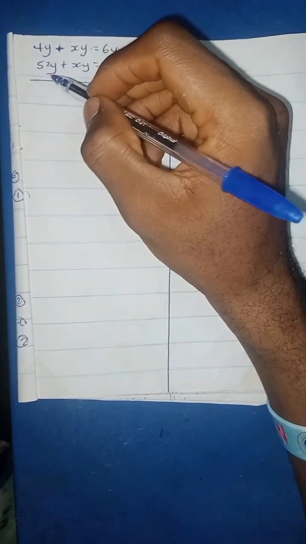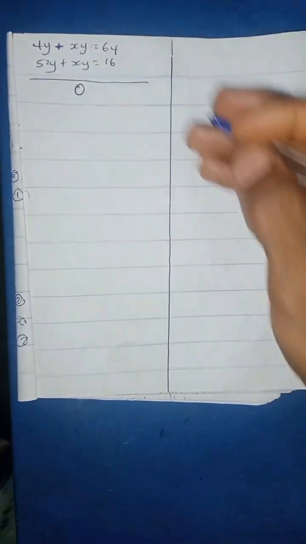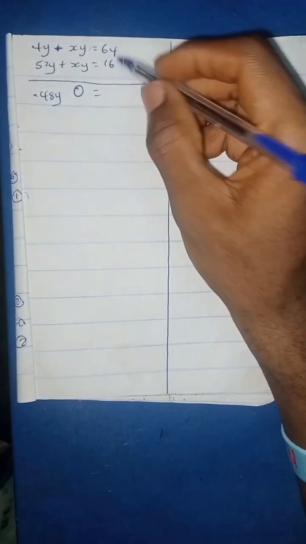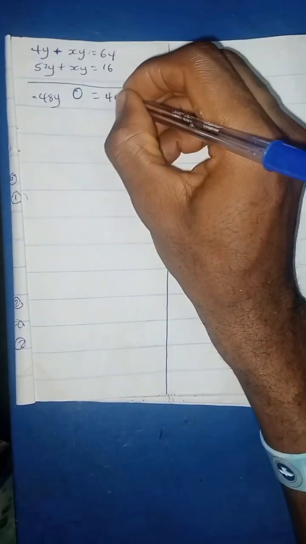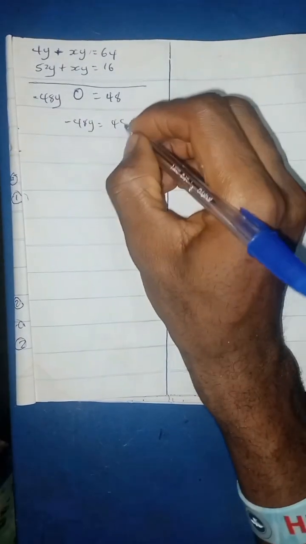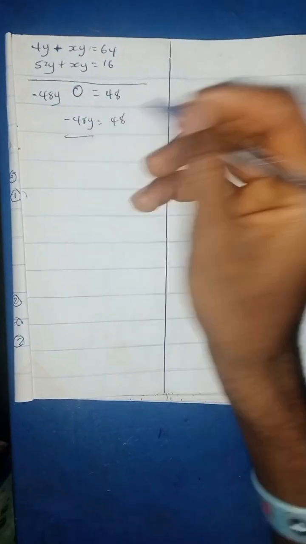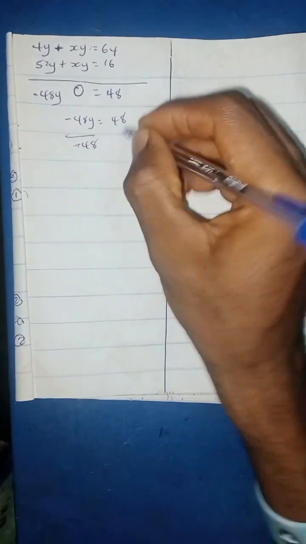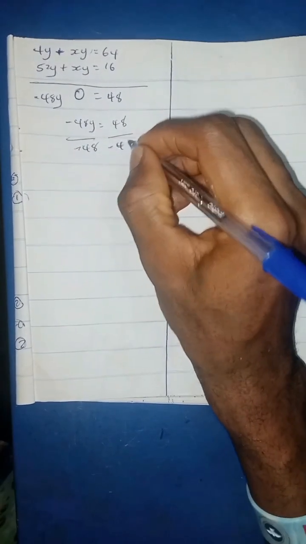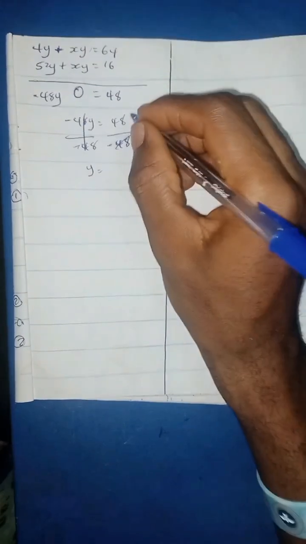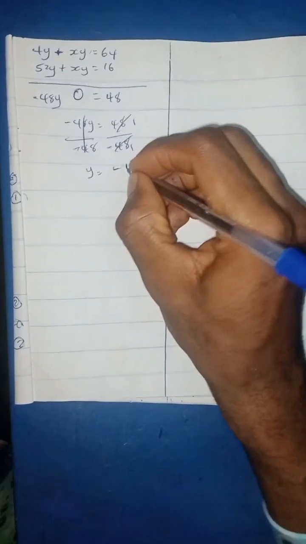Then 4y minus 52y, that's minus 48y, is equal to 64 minus 16, which gives us 48. So we're having minus 48y is equal to 48. When we divide both sides by minus 48, this will cancel. You are left with y is equal to minus 1.